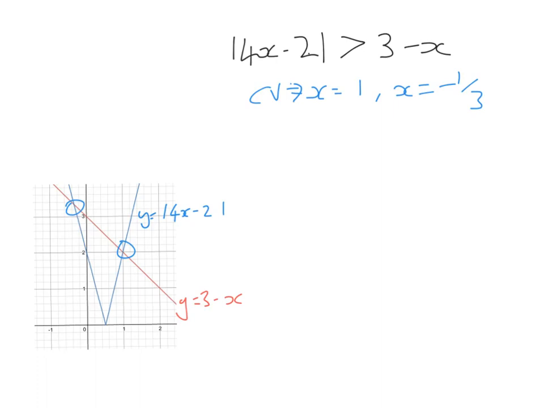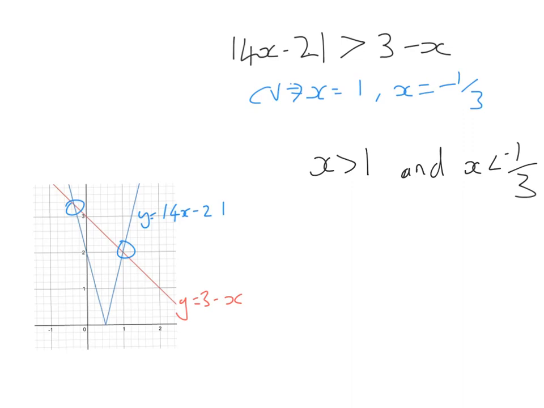So our solution to this, having solved the equation, would be x is greater than 1 and x is less than negative a third.